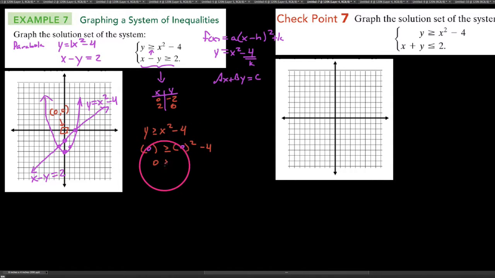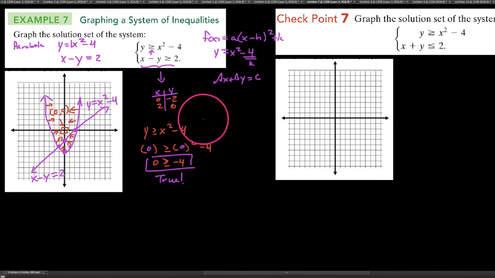We get 0 is greater than or equal to 0 squared minus 4, which says that 0 is greater than negative 4, which is very true. As a matter of fact, 0 is further to the right on the number line than negative 4. Since that's true, for our quadratic inequality we shade toward the side of the parabola containing the solutions, towards 0, 0, since it made our inequality true. So we're shading inside of this parabolic region.